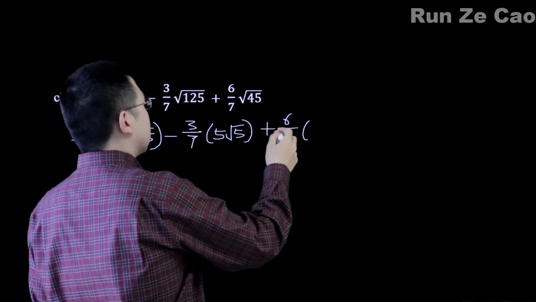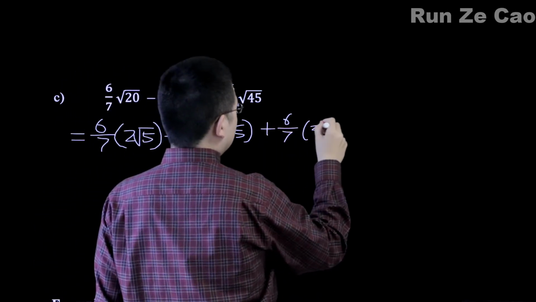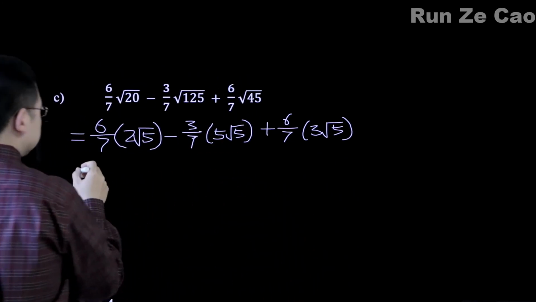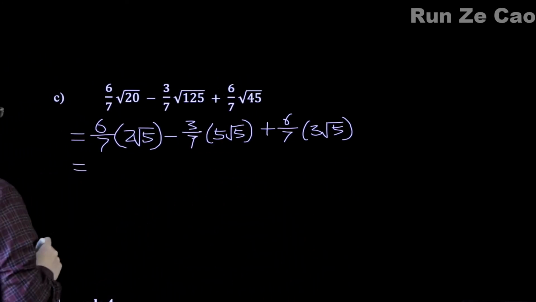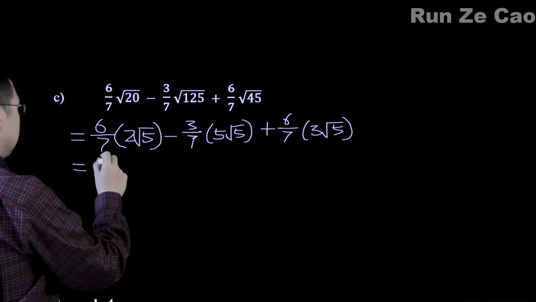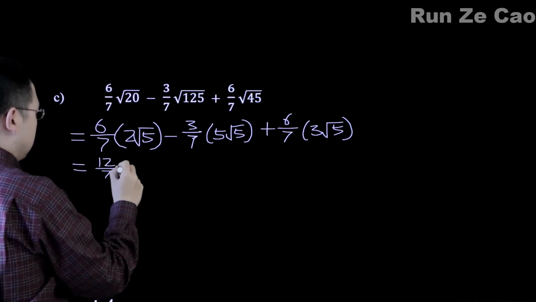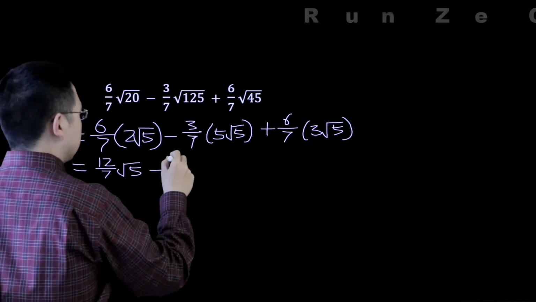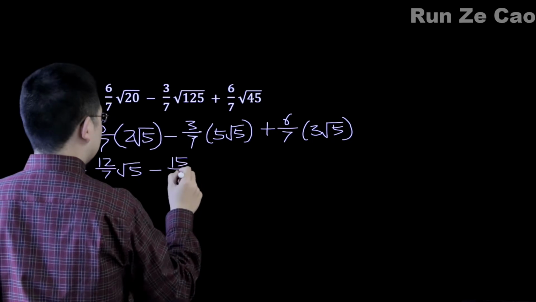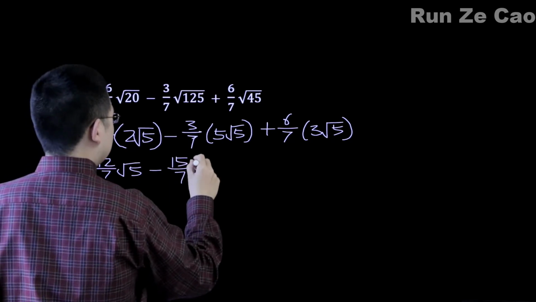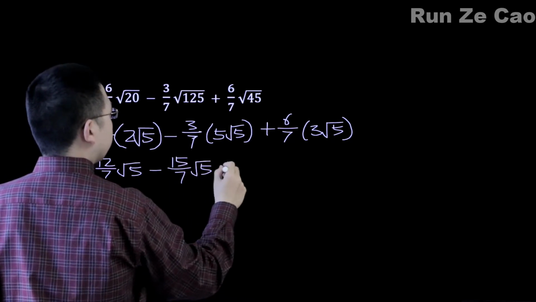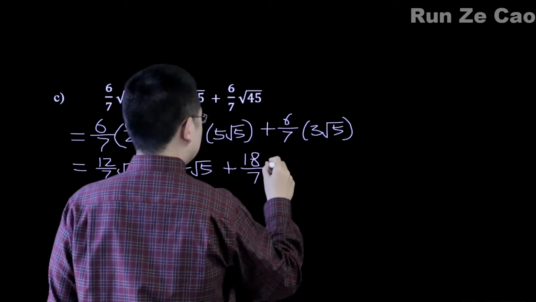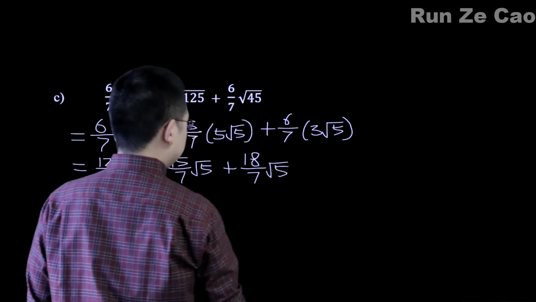Okay, so 6 over 7, 3 root 5. So this is going to be 12 over 7 root 5 minus 15 over 7 root 5 plus 18 over 7 root 5.